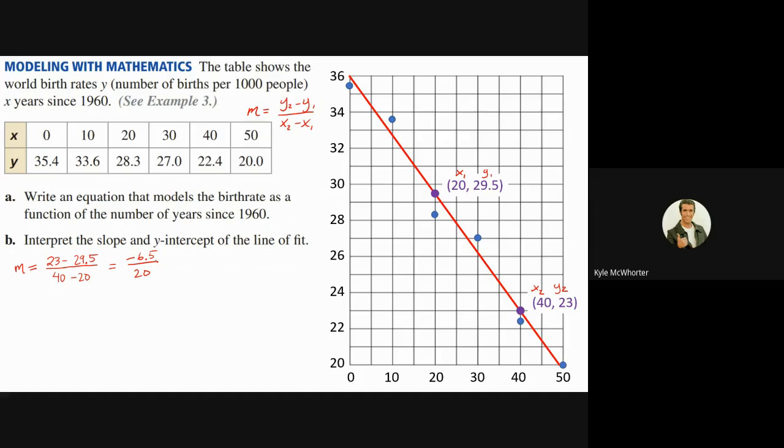And now we need to divide. So we'll do negative 6.5 divided by 20. And our slope is negative 0.325.